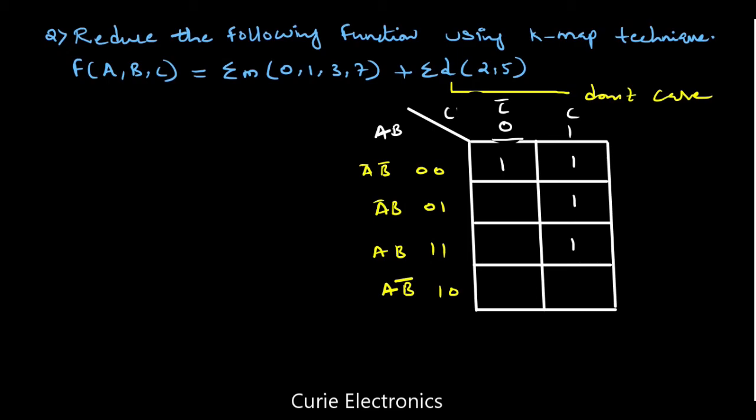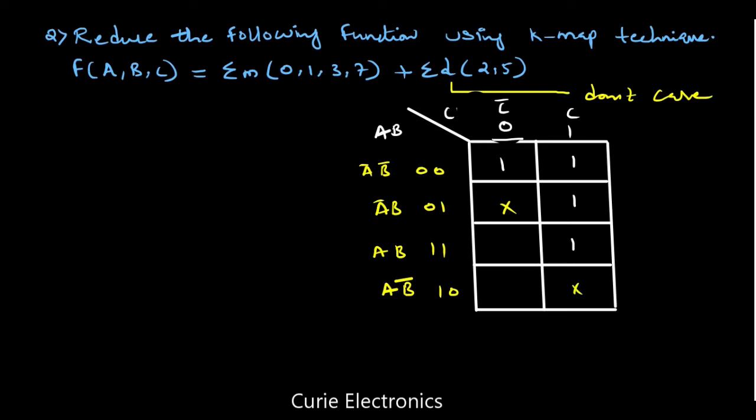Then what about the don't care? Now don't cares I have to mark it. When it comes to don't care, 2. Where is 2? 2 means 0, 1, 0. So this is the don't care. What is the next don't care? 5. 1, 0, 1. Next don't care is here.